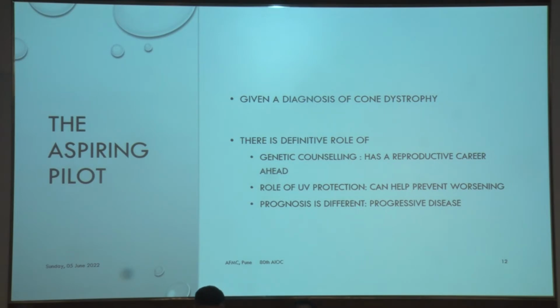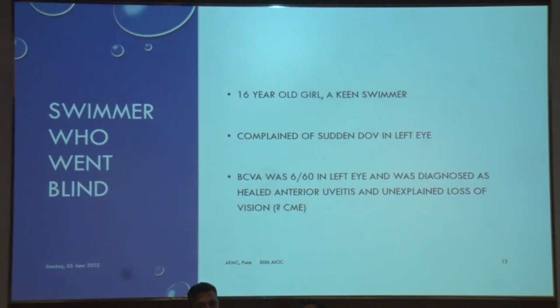And later on, she was counseled, because in future she needs to bear kids and what is the prognosis of children and all. And of course, she was counseled on preserving her sight using UV protection.